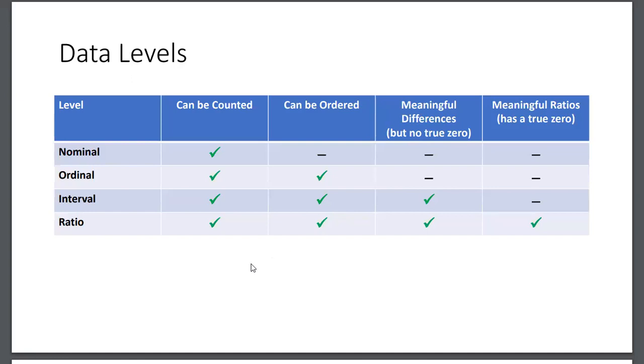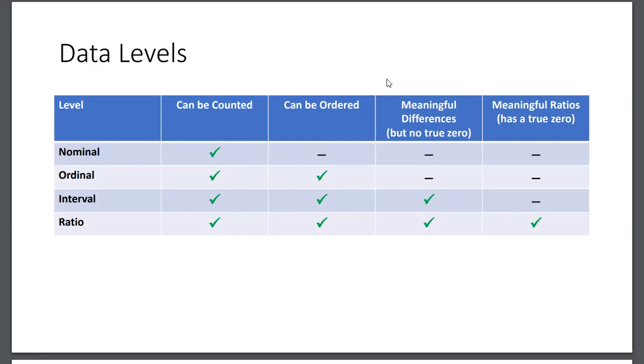Within those higher categories of qualitative and quantitative data, there are 4 levels of data. What distinguishes them is the kinds of operations you can do with them. This table summarizes this information.